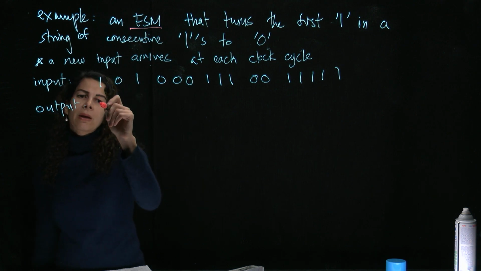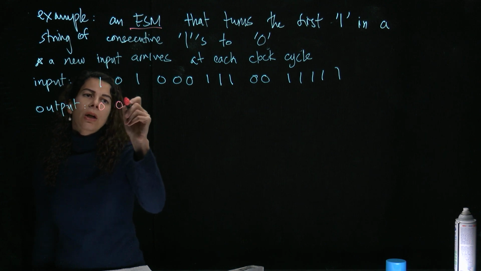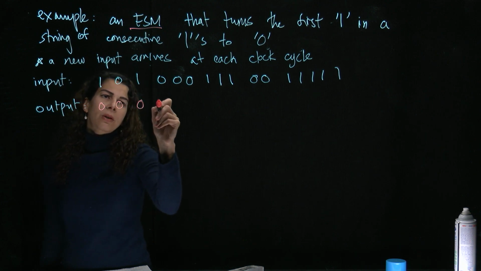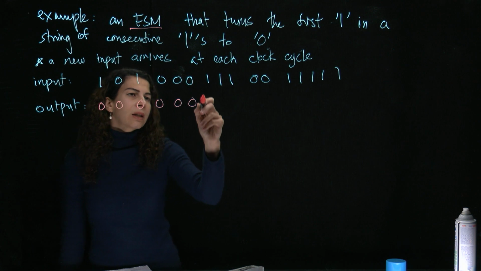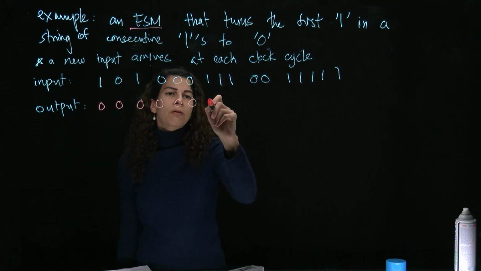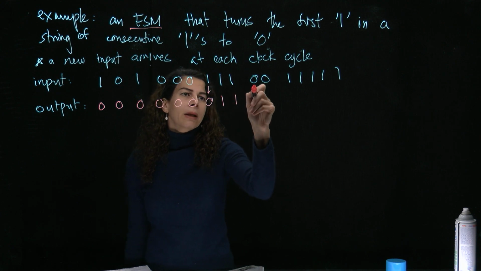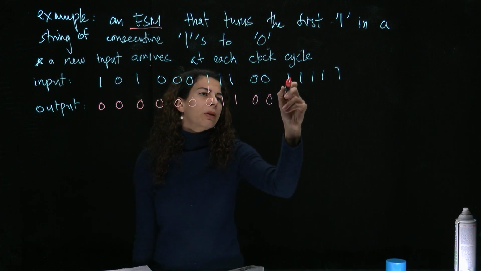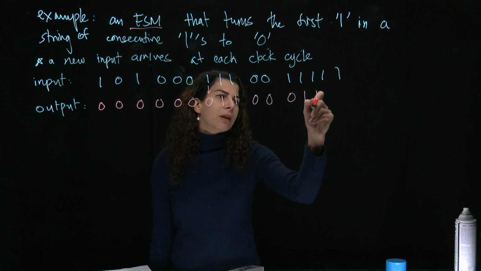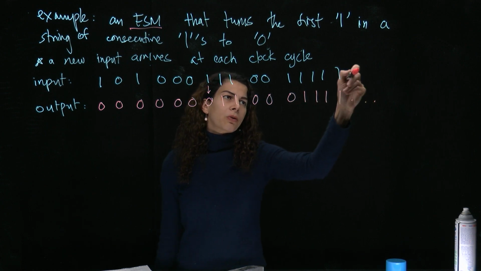So here we see a 1, it turns to 0; here we have 1, 1, 1, so the first 1 turns to 0, but the next ones remain 1; then again, the first 1 is going to go to 0, and so on.